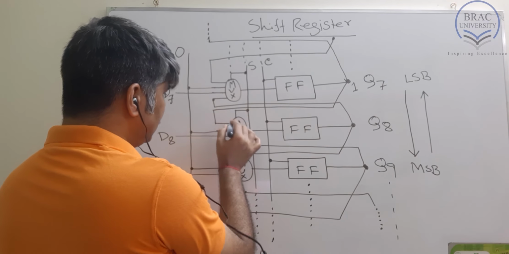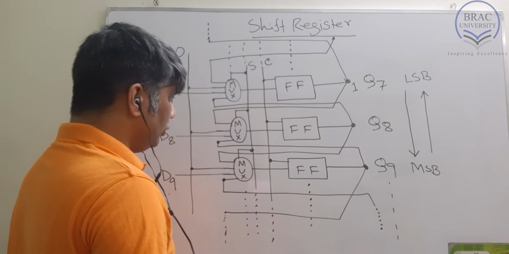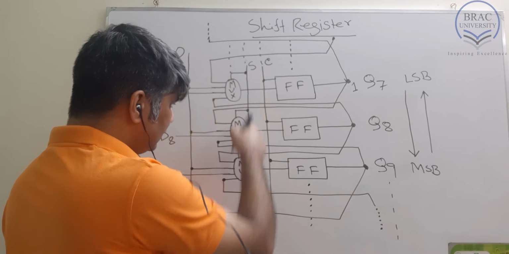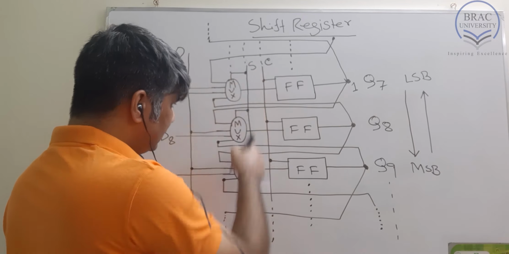If this port is multiplexer port 0, when the control unit sends signal 0 to this selection line, this one will go to this flip-flop. Initially the 1 was Q7, now it becomes Q8, which means it is now the higher order bit.